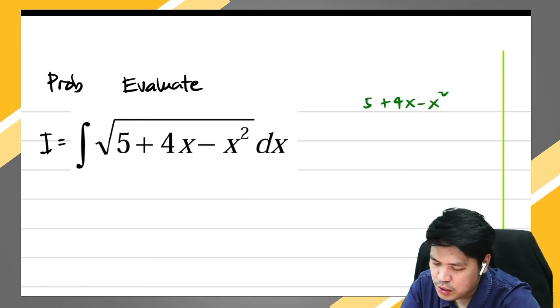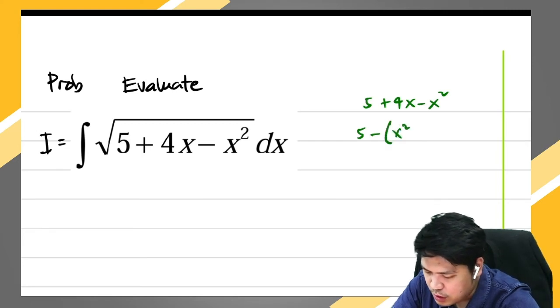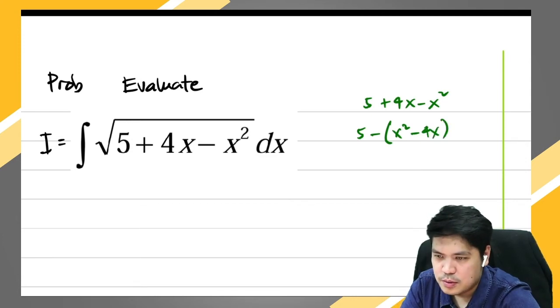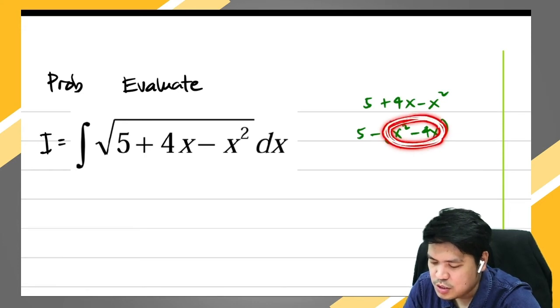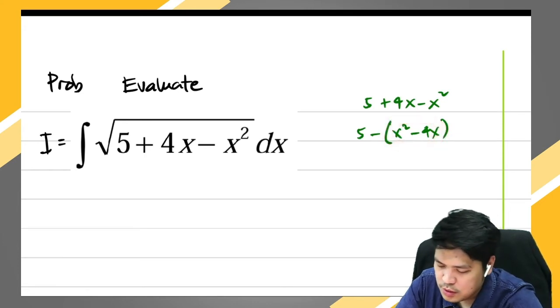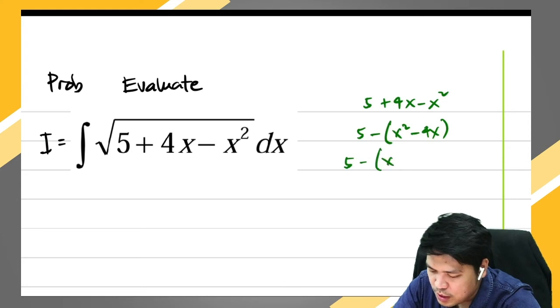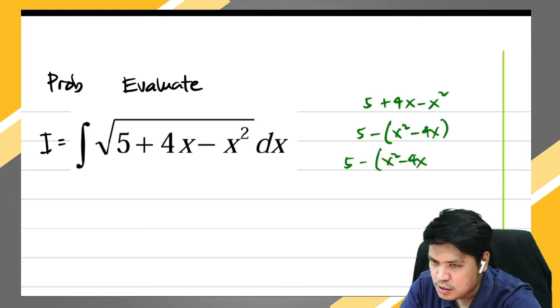I could rewrite this as 5 minus x squared minus 4x, right? It can be like that. If I change this into a perfect square trinomial, then I'll have 5 minus x squared minus 4x, then negative 4 divided by 2, that would be 2, then squared, that would be positive 4.